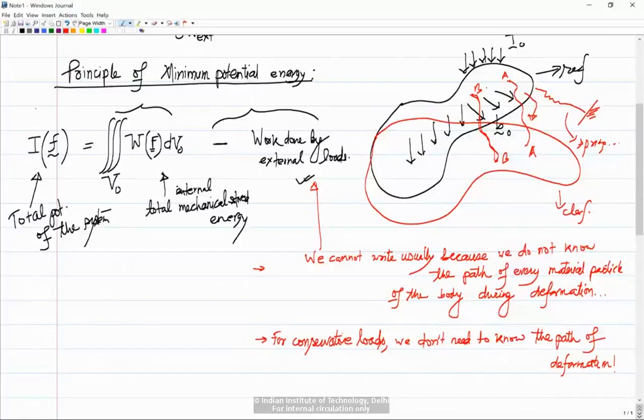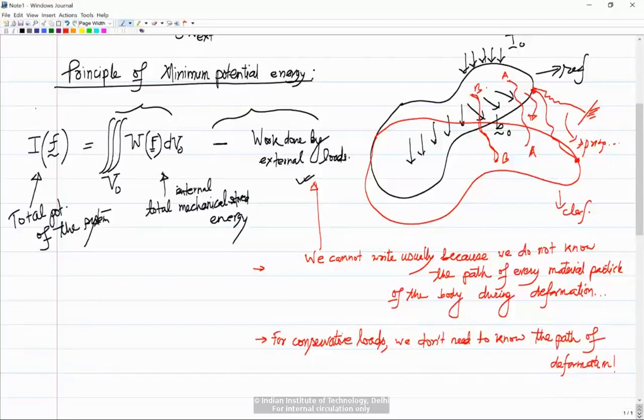So it does not depend on what path was taken by this point during deformation. It just depends on the initial point and the final point. If you know initial and final, you can find out using trigonometry the change in length of the spring. And that is all you need to obtain the work done by the spring, right?